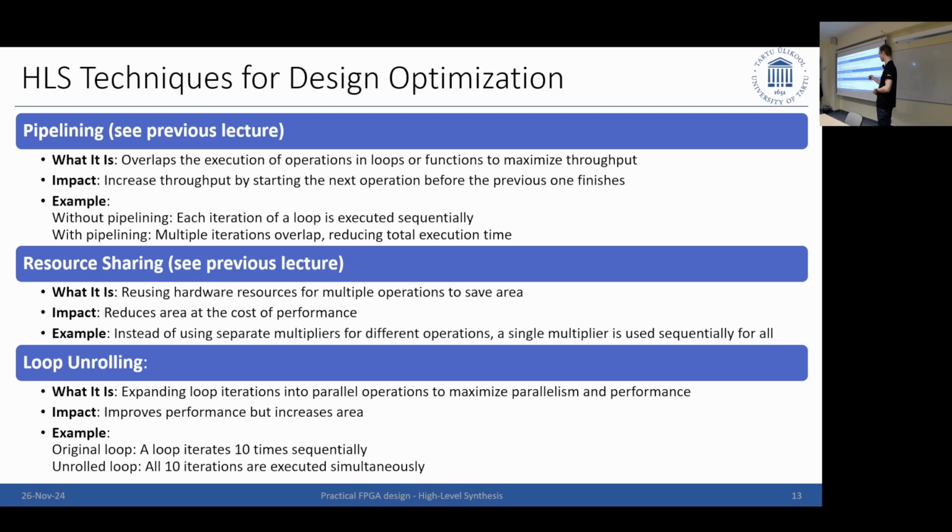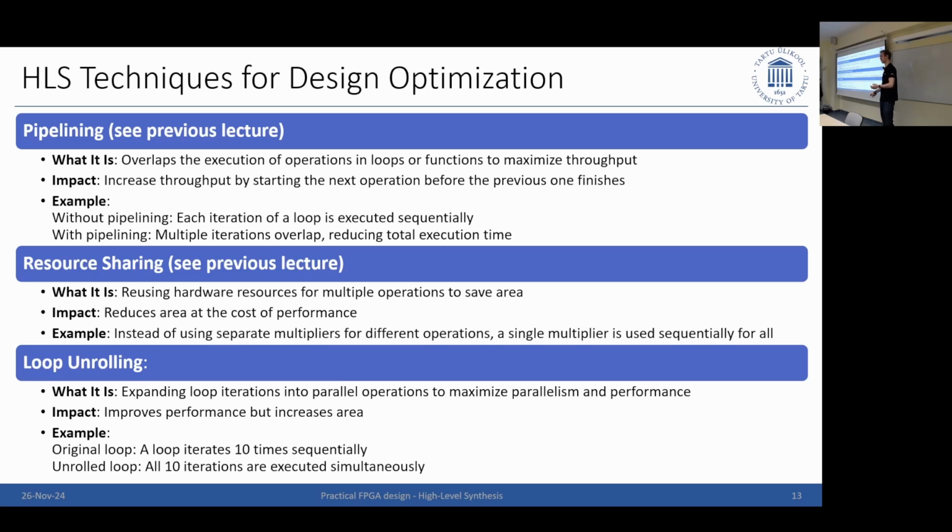So that's one thing from the previous lecture. Next, resource sharing, as the name says, you basically share resources among multiple processes. So you may want to use a multiplier for multiple applications, but the trade-off is that it reduces area at the cost of performance. Because when you use a multiplier multiple times, if you do not do resource sharing, then you will create a multiplier each time as logic.